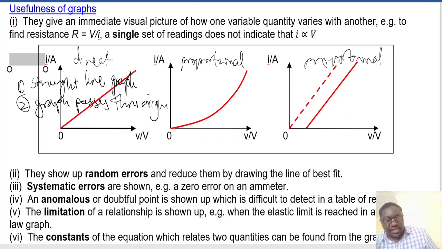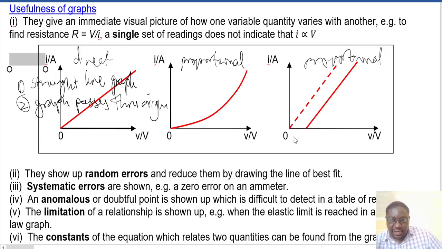So looking at the second graph, there is no direct proportionality because it's not a straight line graph, although the graph passes through the origin. And then on this one, it is not direct proportionality because although it's a straight line graph, it does not pass through the origin.